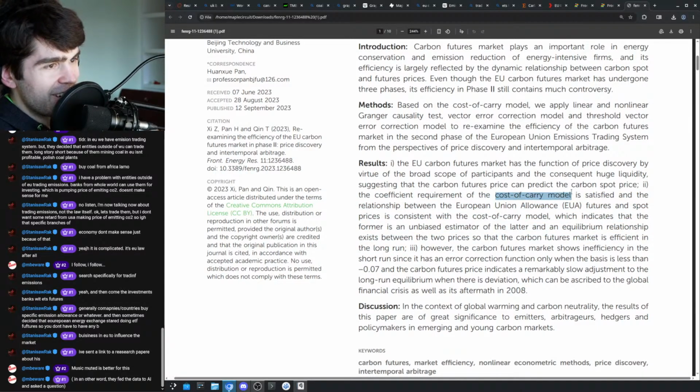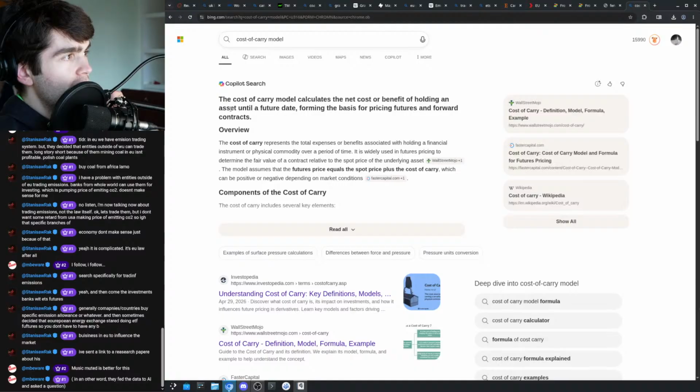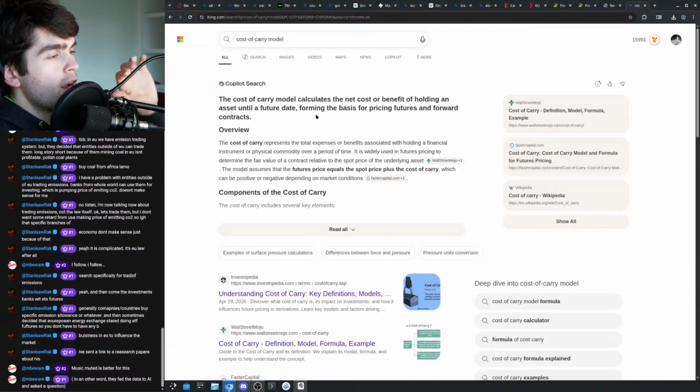I'm gonna have to brush up on what this is. Cost of carry model. The cost of carry model calculates the net cost or benefit of holding an asset until a future date, forming the basis for the pricing of futures and forward contracts.